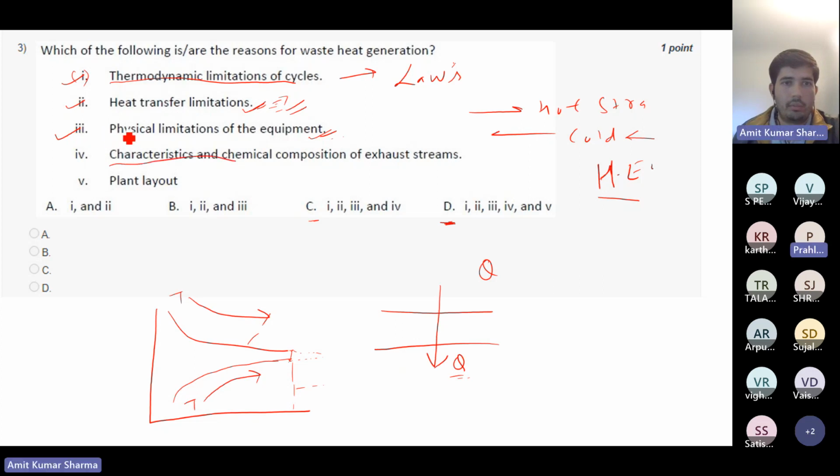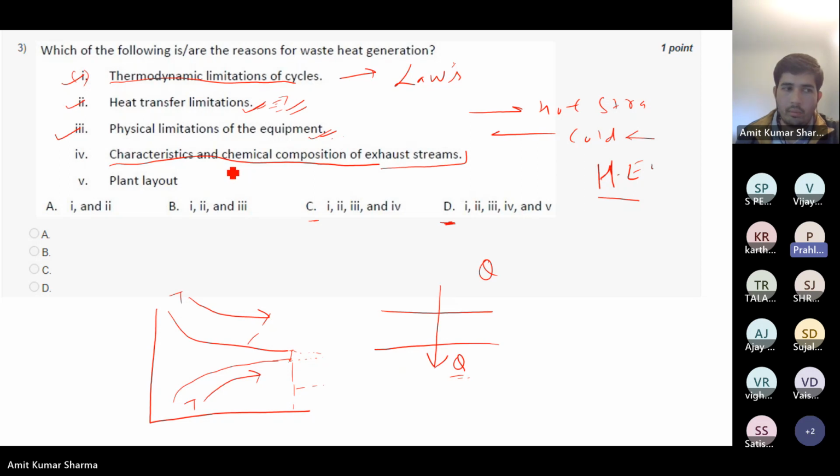Sir, I want to add something on heat transfer limitation. Yeah, please. In the case of any heat exchanger, the type of fluid we are using to extract the heat energy adds one limitation, because it will be able to extract only a certain amount of heat energy at a certain temperature.